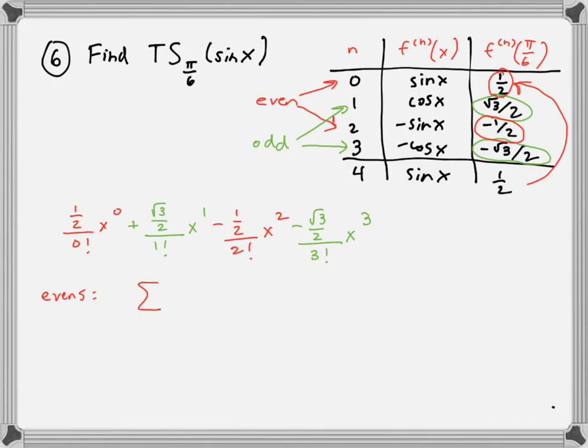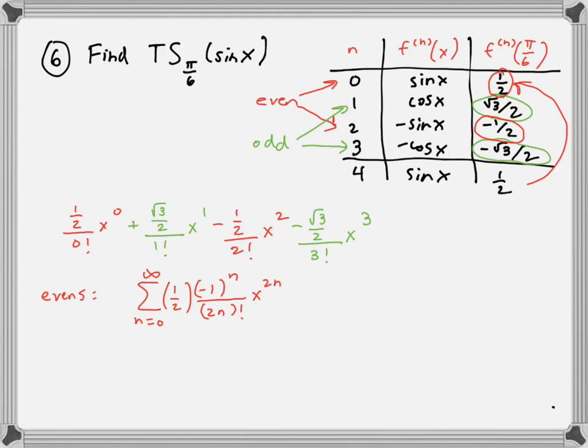I have 1/2. And then I know I'm going to have alternating signs. And for the evens, I know that I have a 2n factorial x to the 2n, and I'm starting off with a positive, and so this would be negative 1 to the n right here. And so these are my even terms.